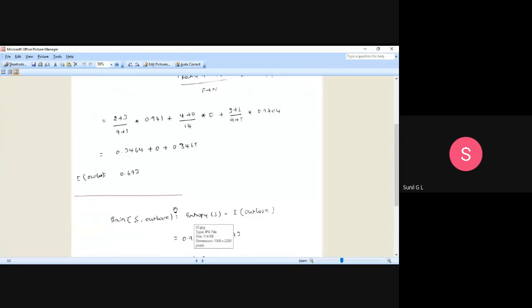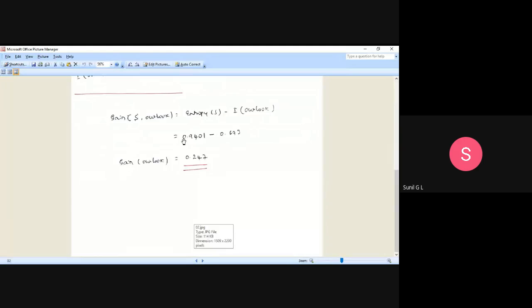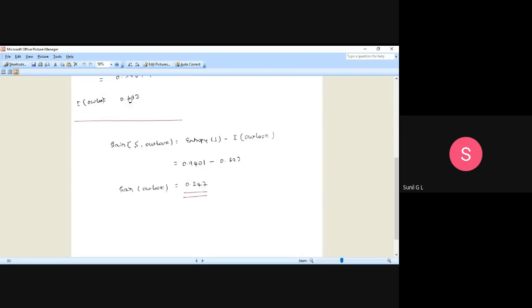The average information of Outlook we just calculated is 0.693. When I subtract 0.693 from 0.941, I get a final value of 0.247. This is the gain of the Outlook.